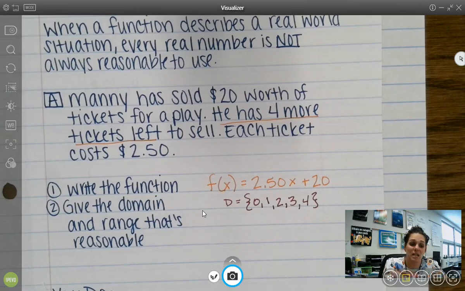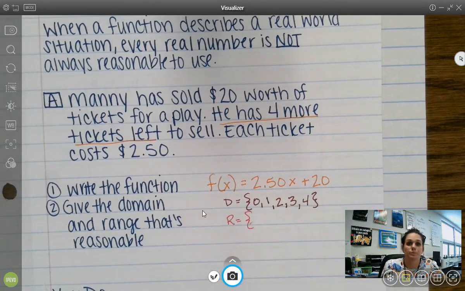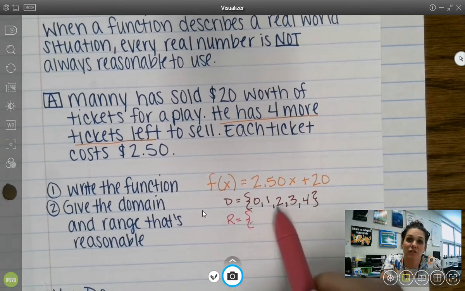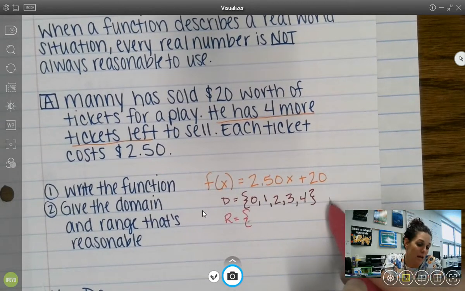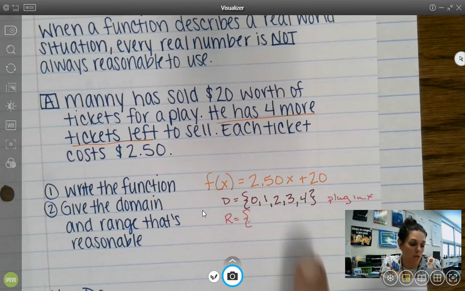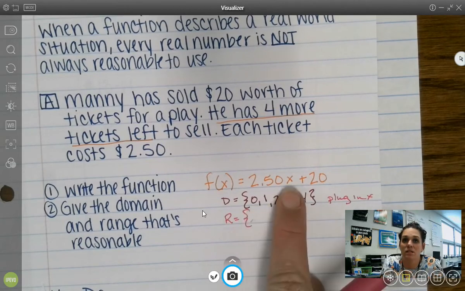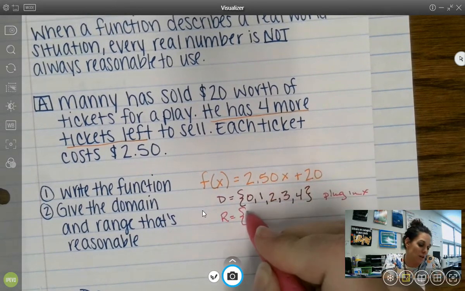The directions then tell me that I need the range. Well, the range isn't listed for me. There's no information for me. I find the range by taking each of these domains and plugging them in for x. So x is up here, and it's saying, okay, if I sell no tickets, 0 times 2.50, well, I don't make any money, so I'm at $20.